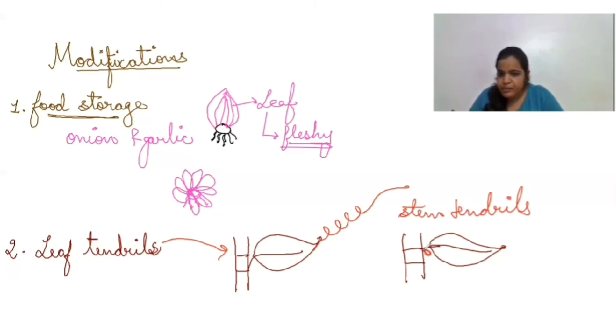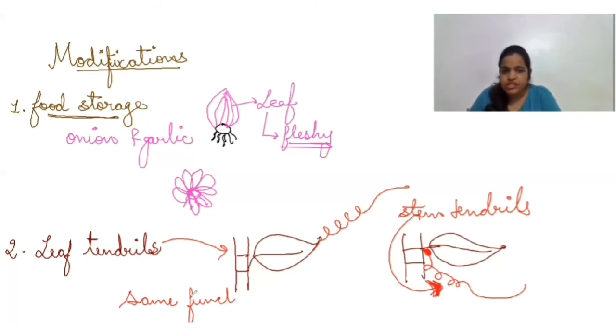This axillary bud present on the axis gets modified to form the tendrils like this, and hence it is known as stem tendril. So guys, can you see that these two structures are forming the same thing? Tendrils are formed. Means what? They have the same function, but their origin is different. Stem tendril is originating from the axillary bud, leaf tendril is originating from the leaf.